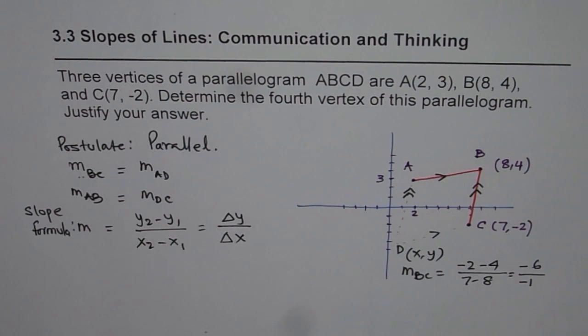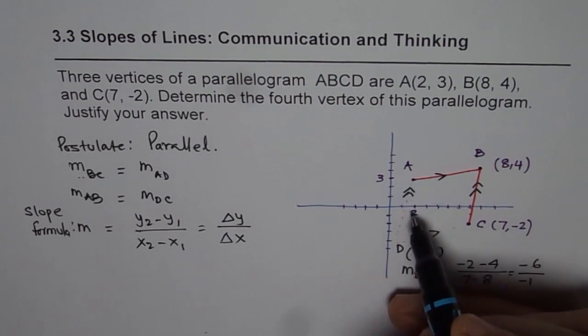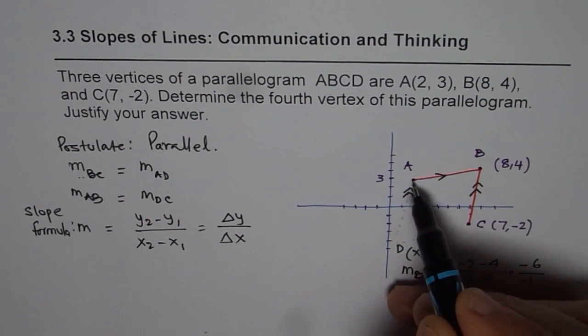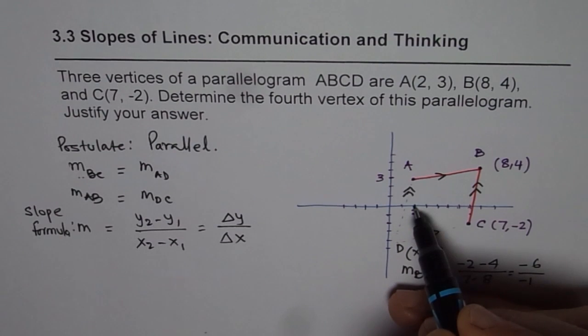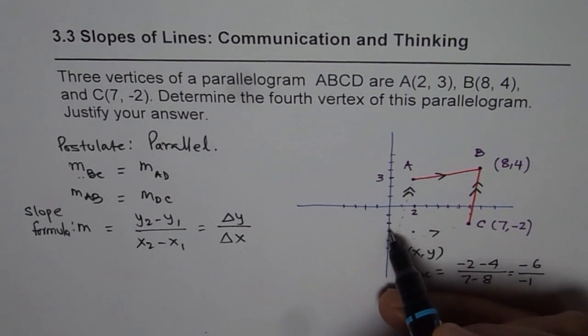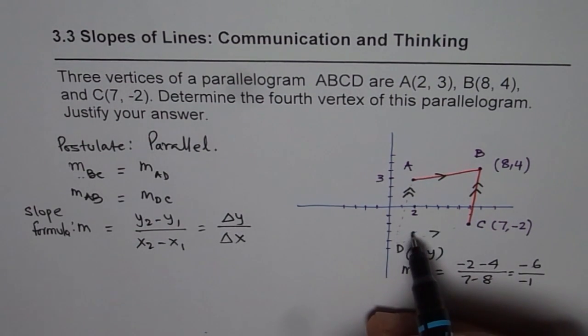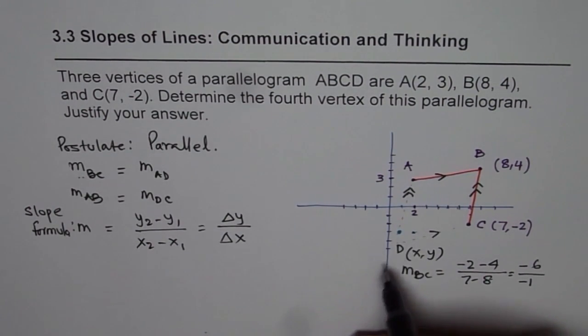So we'll follow this strategy and see if we can really get the answer. From A, let's come down 6 units. From 3, if I come down 6 units, I'll be at -3. So that is the approximate location. And 1 to the left means from 2 we come to -1. So that becomes the point.